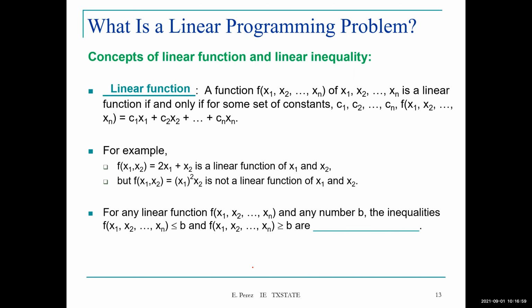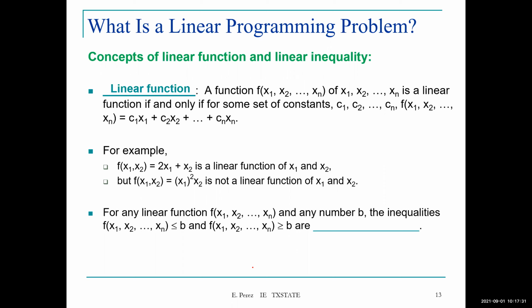So a linear function is a function f of x1, x2 up to xn. It's a linear function if and only if for some set of constants, c1 up to cn, the function of x1 up to xn is equal to those coefficients multiplied by x, the summation of that. So it's the summation of c1 up to cn times x1 up to xn, the coefficients times the decision variables.